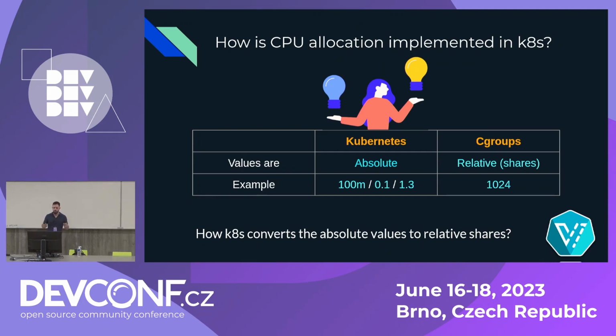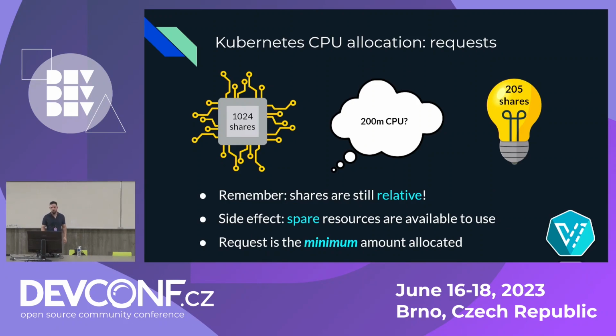That's completely relative. So how does Kubernetes convert between the absolute values and the relative CPU shares? We can say that one CPU is 1,024 shares, just because it's the default. So if someone needs 200m CPUs, which is basically 1/5 of a CPU, all we need to do is divide 1,024 by 5, and then we get approximately 205 shares.